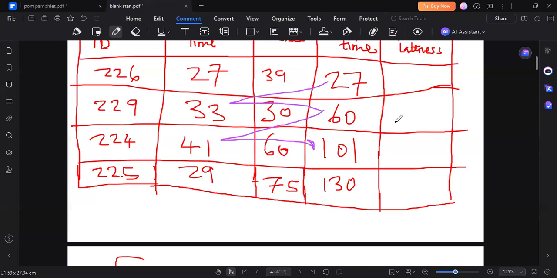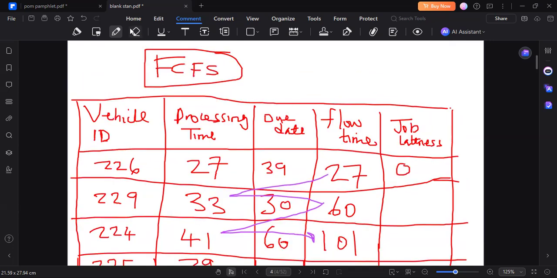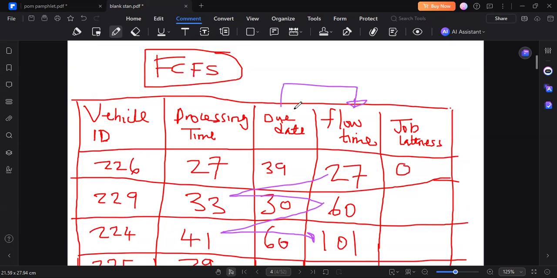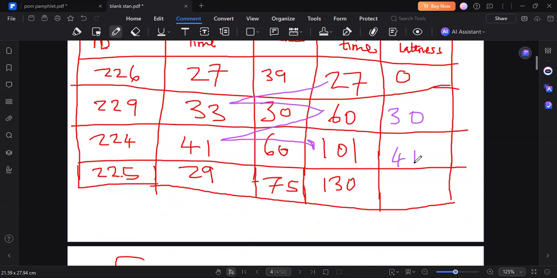Here we are not late because the due date is 39. Here we are late by, you compare these two. To get the job lateness, you compare these two columns. If you do pass the due date, then you are late. So here we are not late. We are late by 30. We are late by 41. Then here we are late by how many days? If people are following, we are late by how many? 55. Is that clear so far?